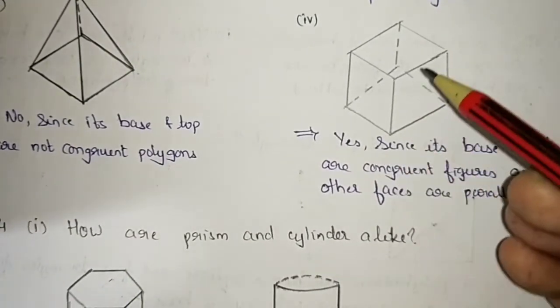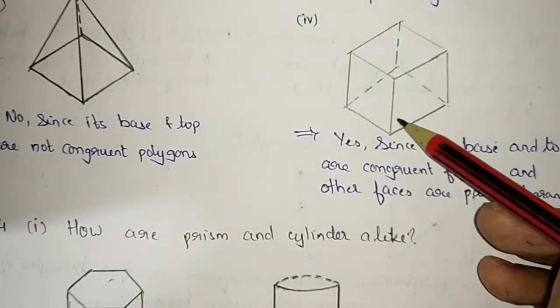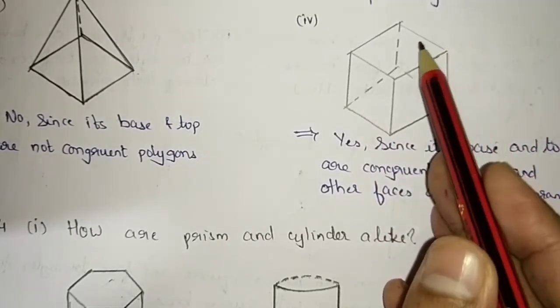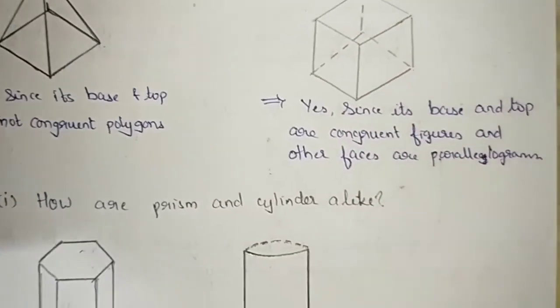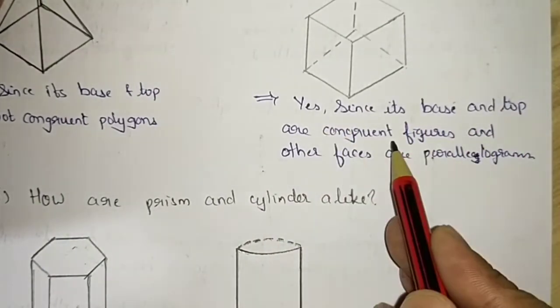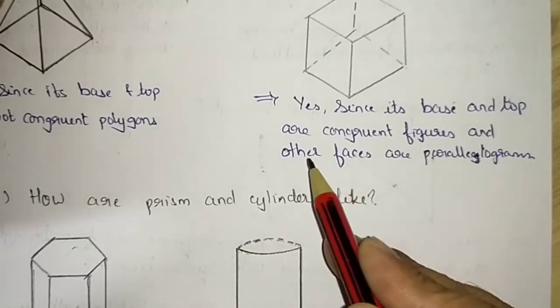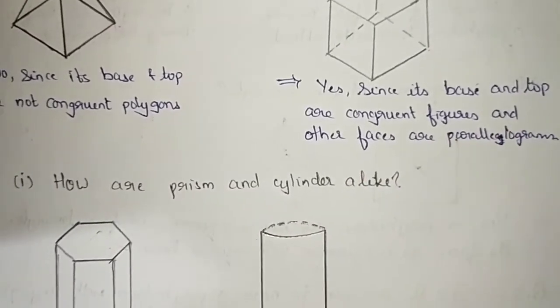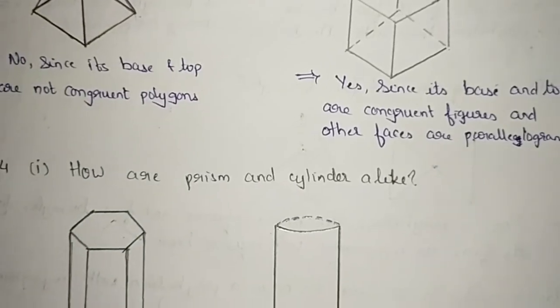Fourth part, yes, top and bottom congruent. Let us see the other sides. All the other sides are parallelograms. So we can say yes, since its base and top are congruent figures and other faces are parallelograms, it is a prism.